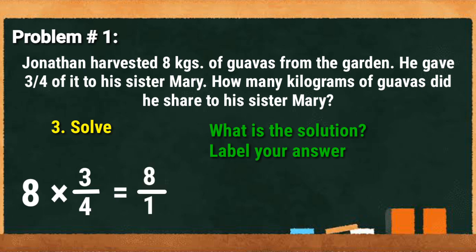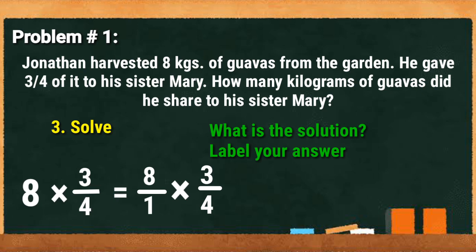So 8 over 1 times 3 over 4. This time, we can now identify the numerators and the denominators. Let's go back to the rule in multiplying fractions. We have to multiply the numerators and we also need to multiply the denominators.